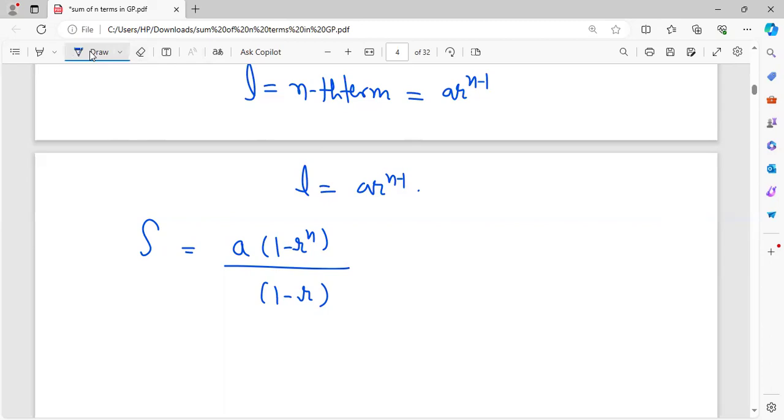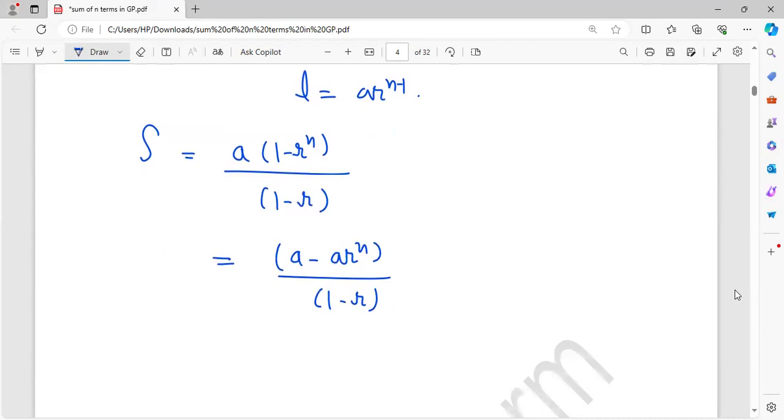So I can take a inside. How can I write this? a minus a r to the power n upon 1 minus r.